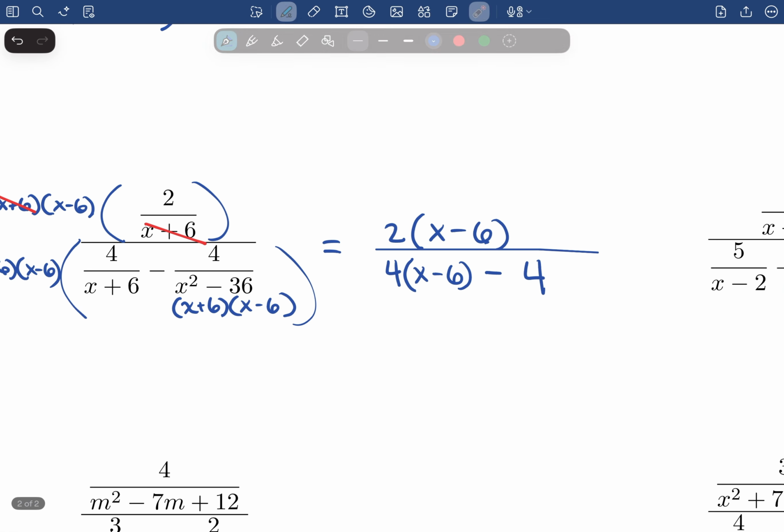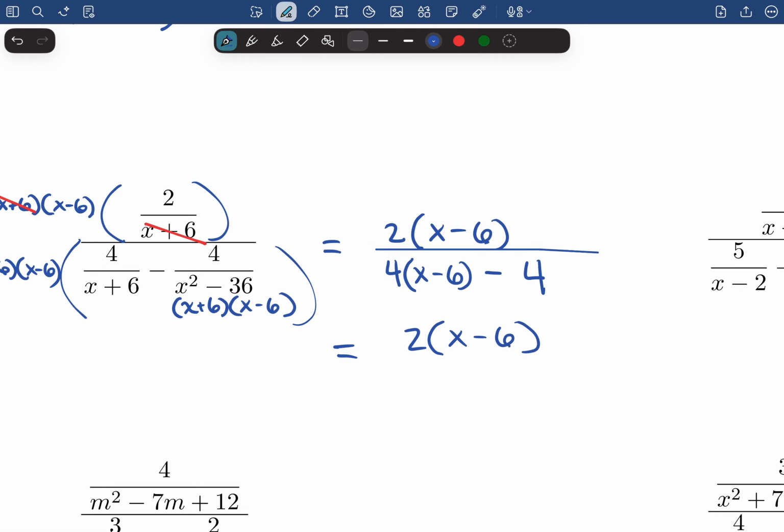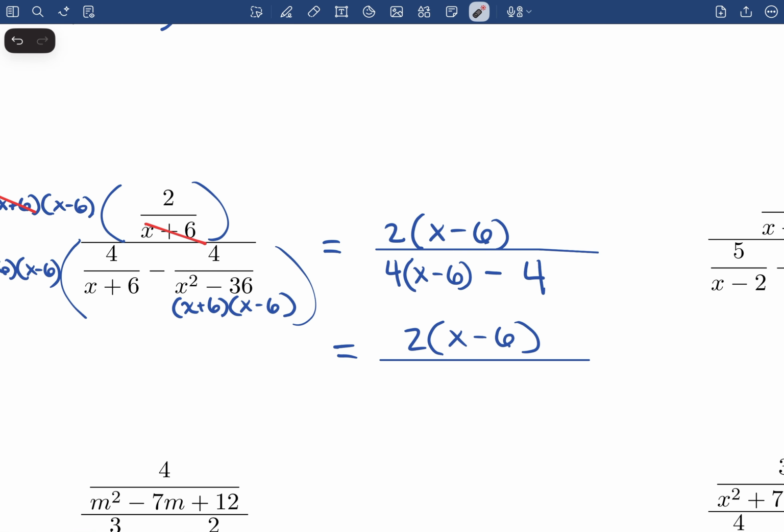Great. And to finish, we now need to clean this stuff up and see if we can make it look simpler. Okay, so we've got the 2 times x minus 6 right there. And one thing I notice is that both of these have a factor of 4, right? 4 and 4. Technically this is a binomial, right?